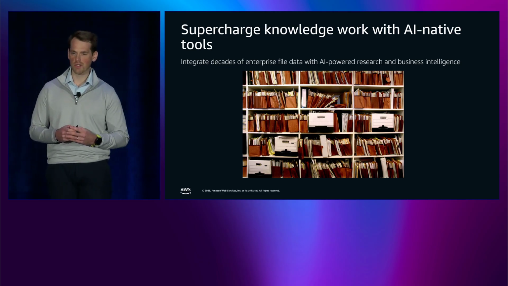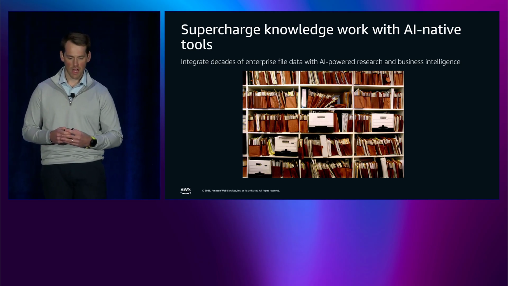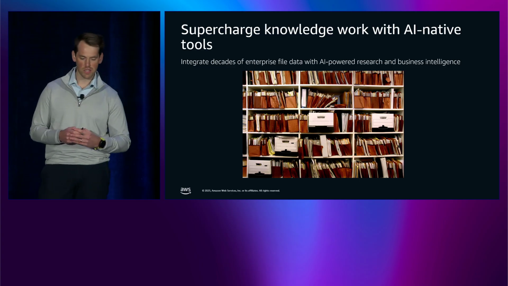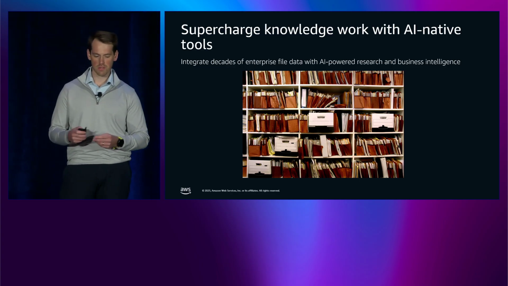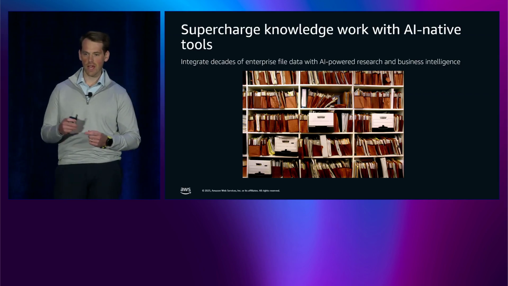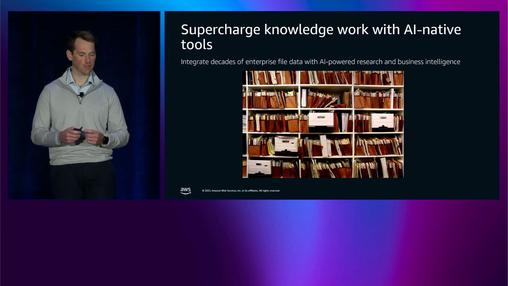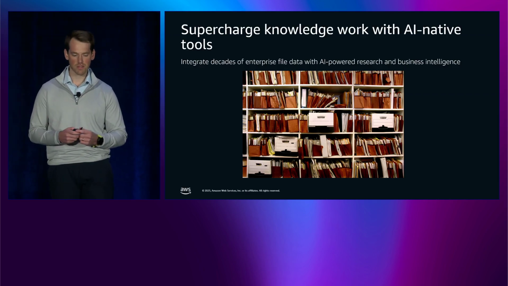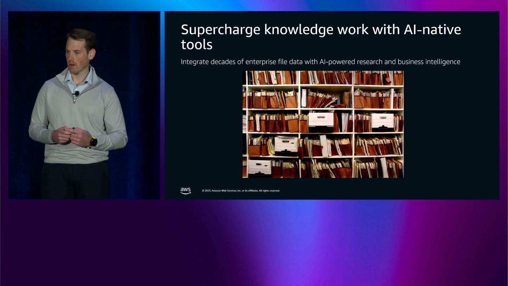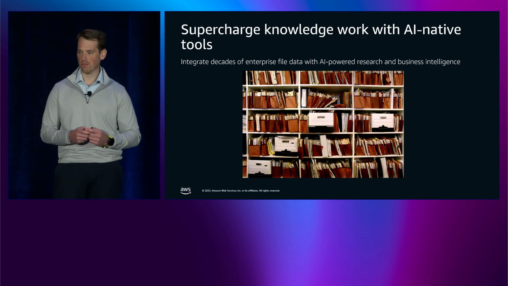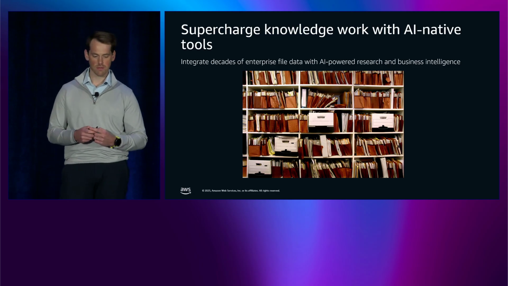Think about your organizations for a moment. How much institutional knowledge is sitting in file systems right now? Research reports, clinical trial data, engineering documentation and legal contracts, petabytes of data that can revolutionize how your teams work, but is disconnected from modern AI applications.